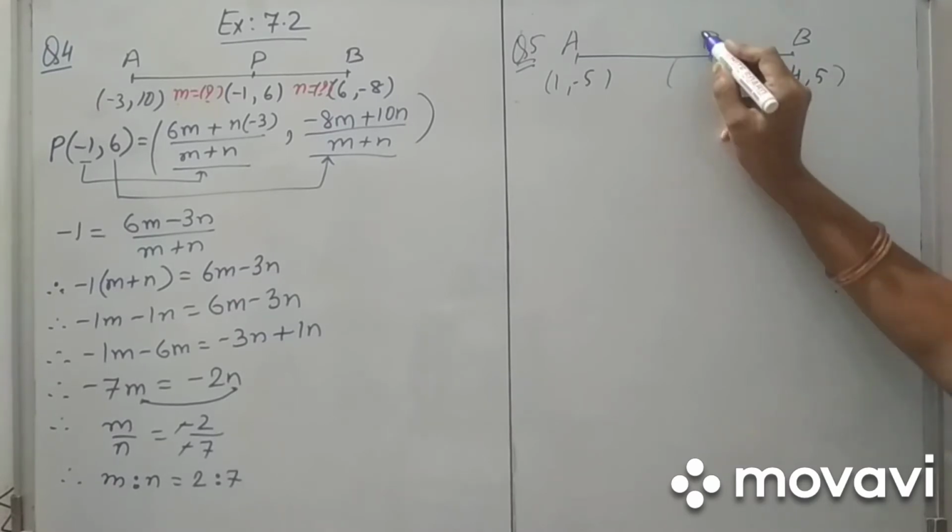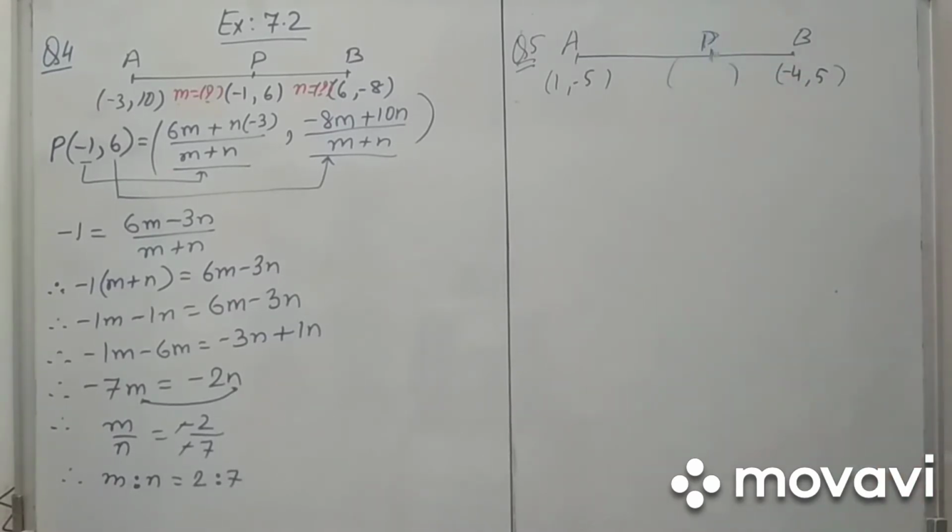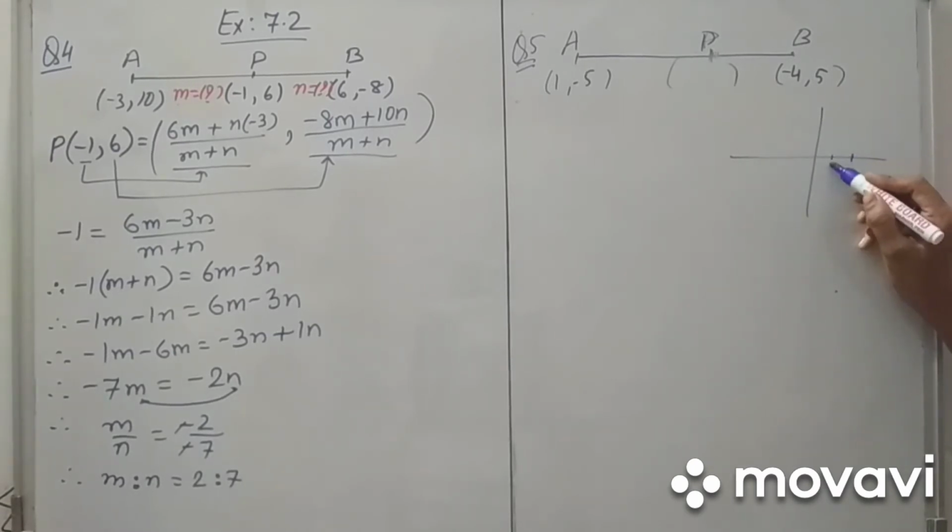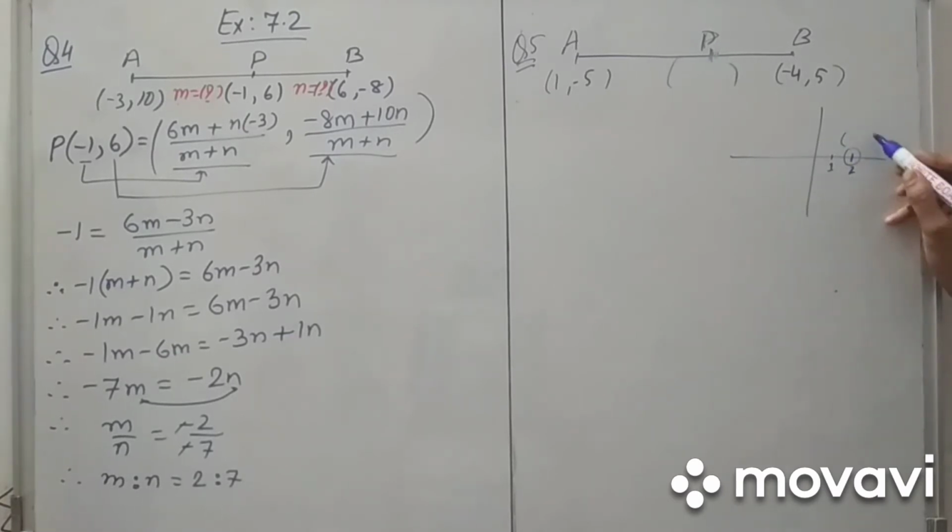Its coordinates are not given. But as we all know, any point on the axis, suppose here, and if it is 1 and 2, what is the coordinate of this point? It will be (2, 0). Means the y value would be 0 and x, whichever the point is.